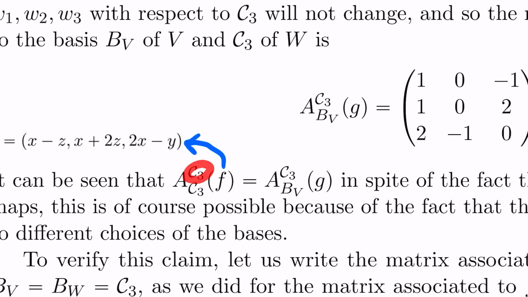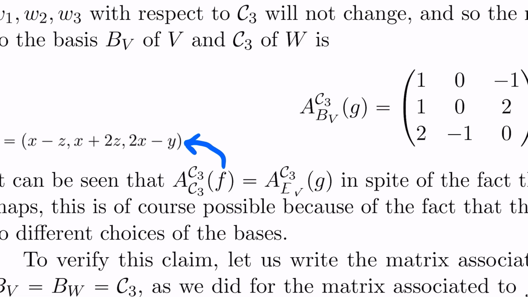In fact, as you can see, the canonical basis was our choice for the range vector space for both F and G. However, the canonical basis was the choice of the basis for the domain vector space of F, but BV, which is different than the canonical basis, was the choice of the basis for the linear map G. To conclude, this nice example shows us that if we don't choose the same basis for both the domain vector space and the range vector space of two different linear maps, we can end up having exactly the same matrix.